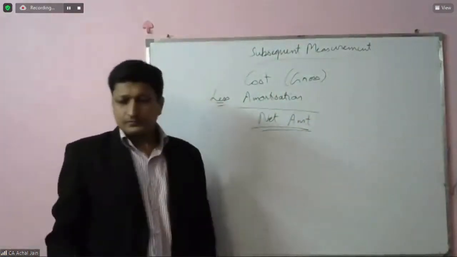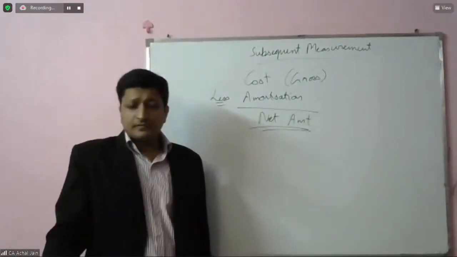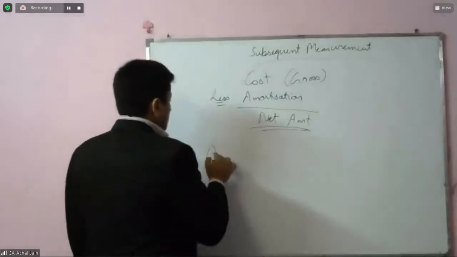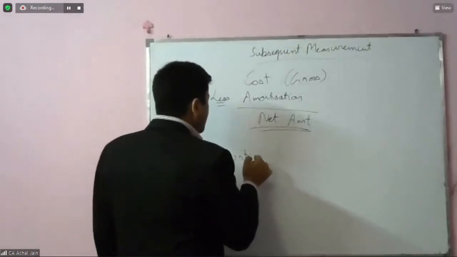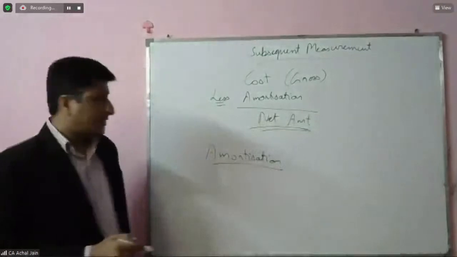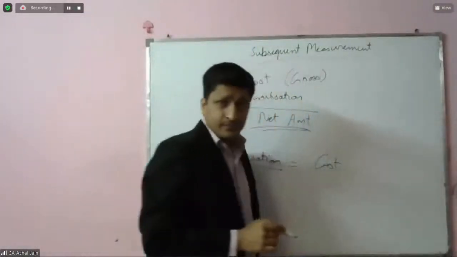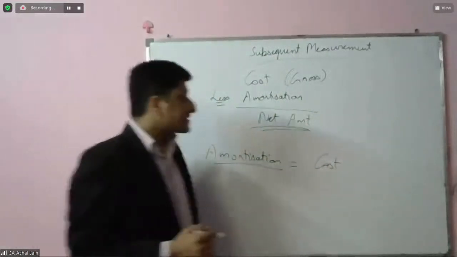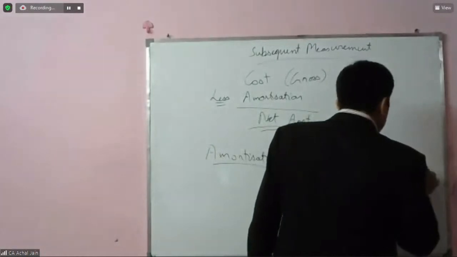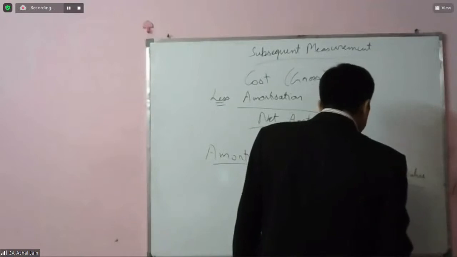Now, in relation to amortization, there are two things which are important. And once again, it is exactly similar to what you would see in case of PPE. Cost less residual value divided by useful life.